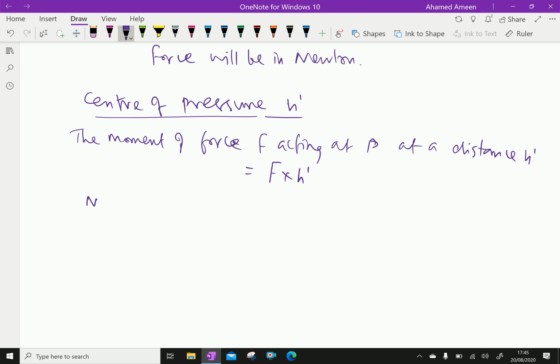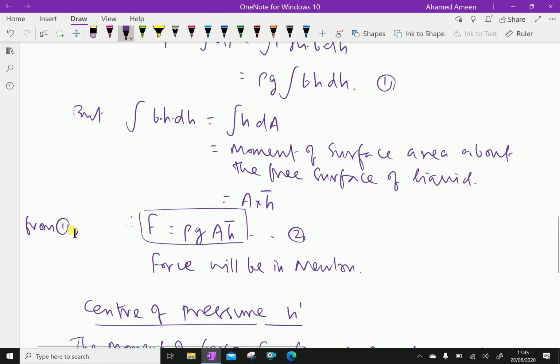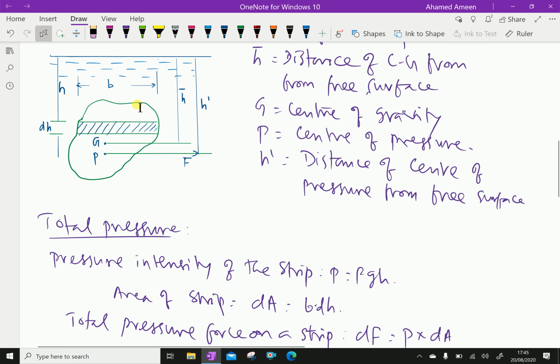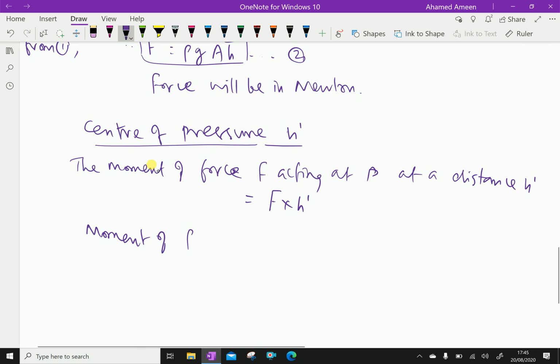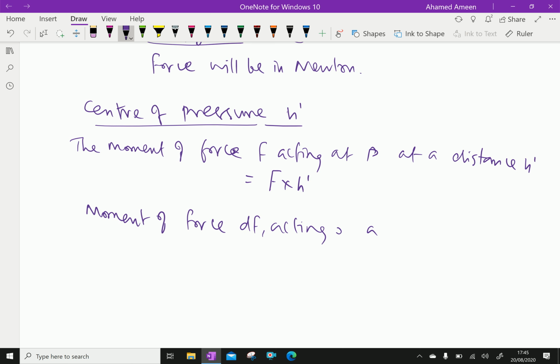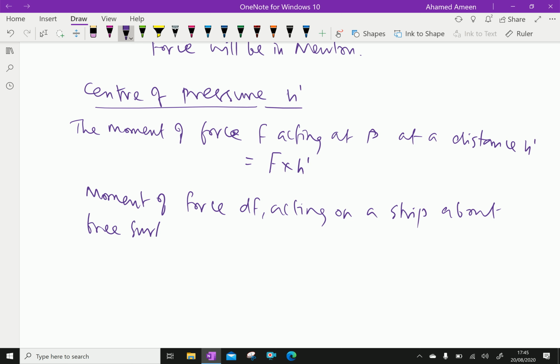But the moment of dF, that means here, the moment of this strip. Now the moment of the strip at depth h, the moment of force dF acting on a strip about the free surface of liquid is equal to dF into h.